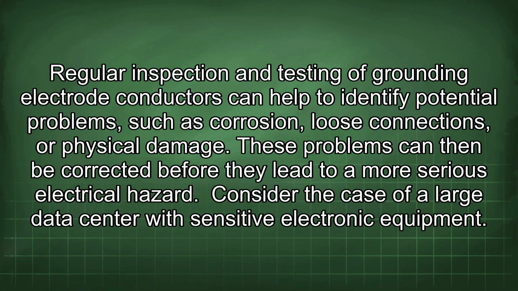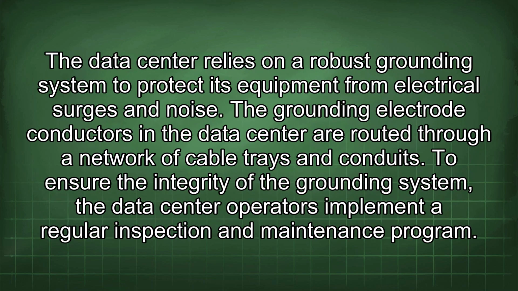Consider the case of a large data center with sensitive electronic equipment. The data center relies on a robust grounding system to protect its equipment from electrical surges and noise. The grounding electrode conductors in the data center are routed through a network of cable trays and conduits. To ensure the integrity of the grounding system, the data center operators implement a regular inspection and maintenance program.